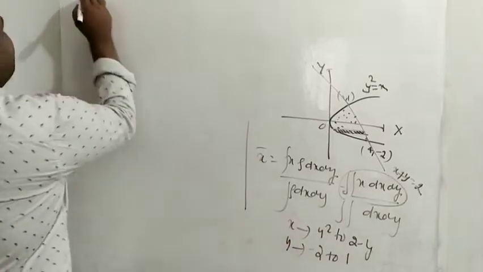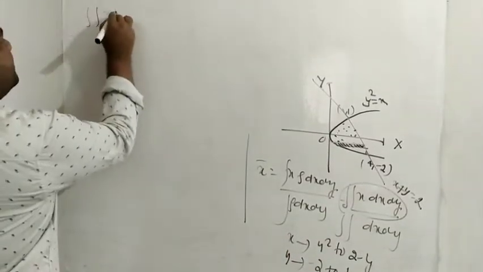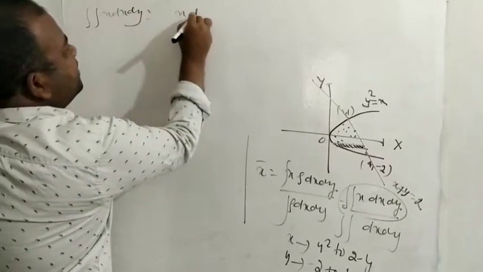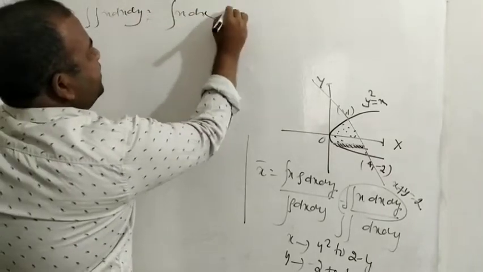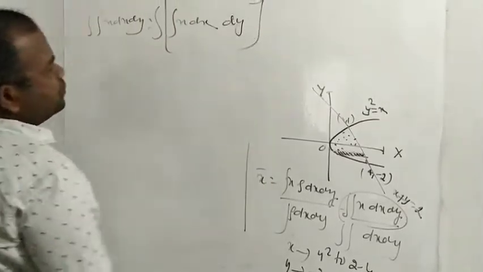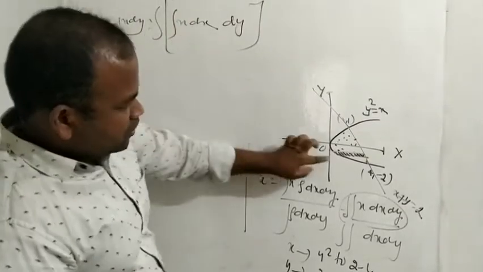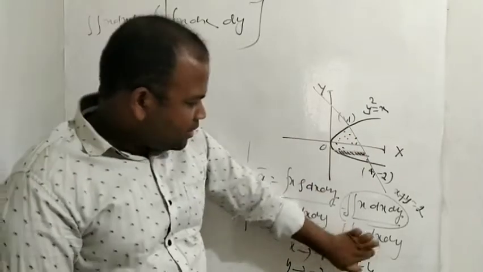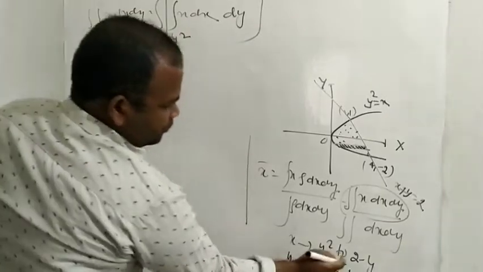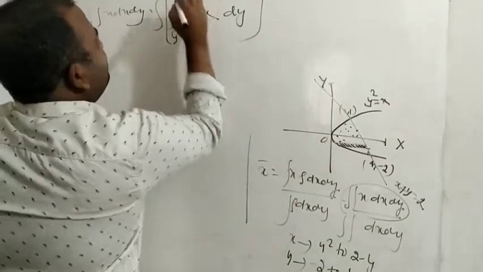Okay. So this is the integration of x dx dy. First you will integrate with respect to x, and thereafter with respect to y. If you integrate with respect to x, you will draw the horizontal strips and find the limit. So what is the limit of x? This is y square to 2 minus y.